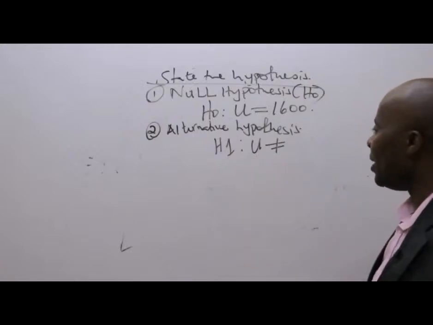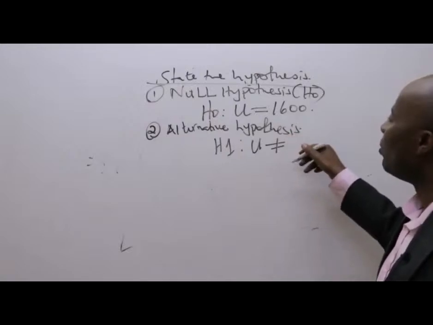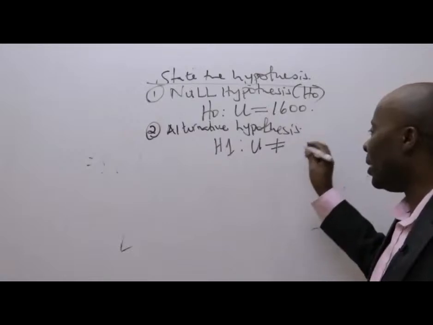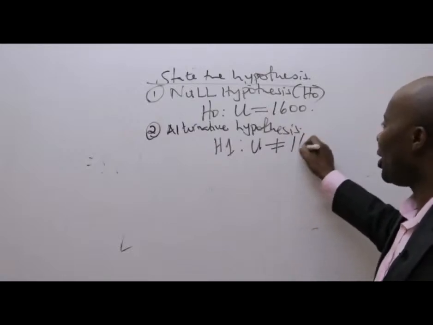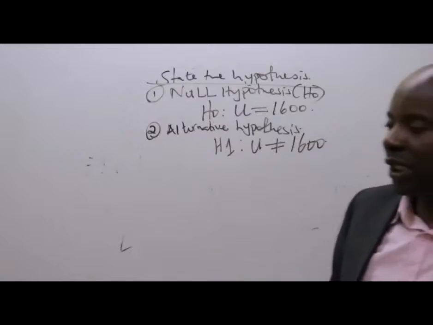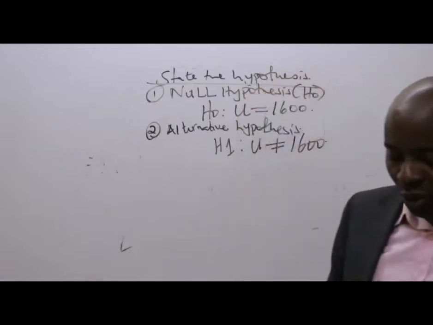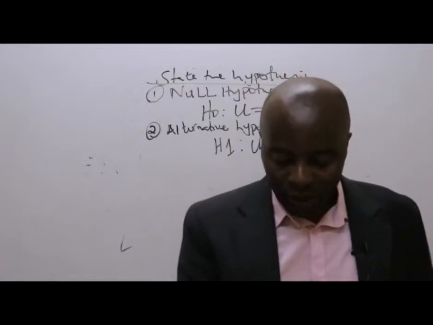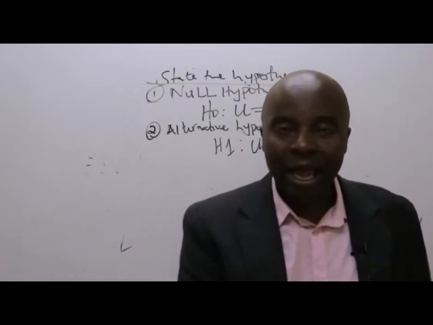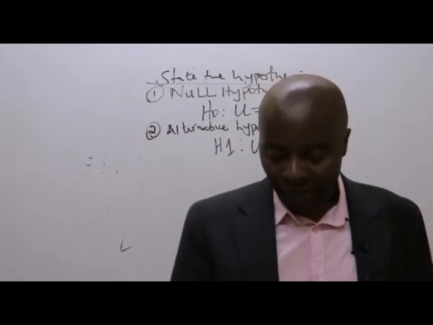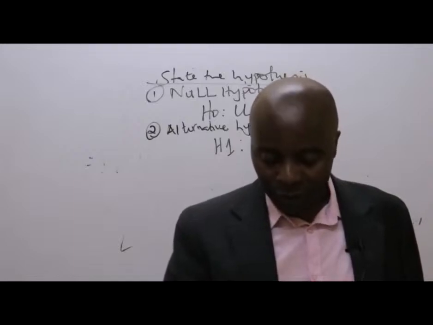Our lifetime here could be either more or less than 1600, so our population mean is not equal to 1600. If that is the case, I would want us first of all to define what a null hypothesis is and what our alternative hypothesis is.